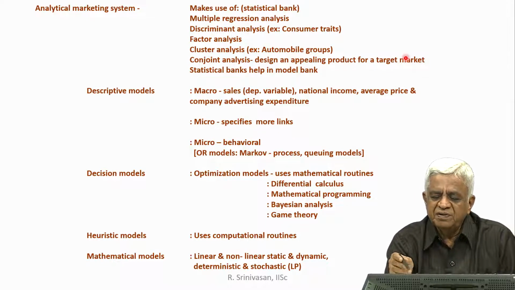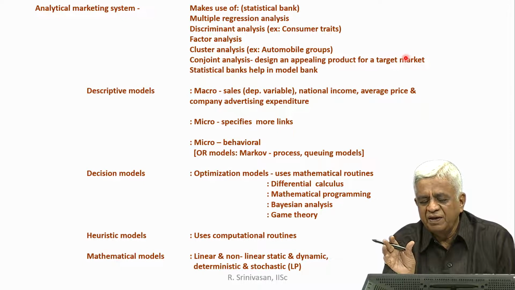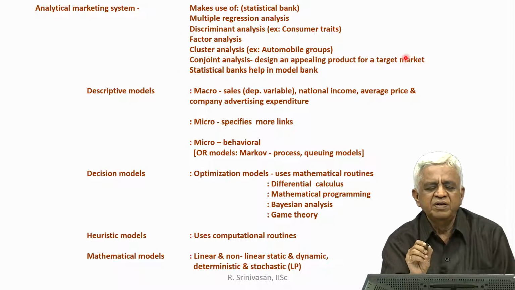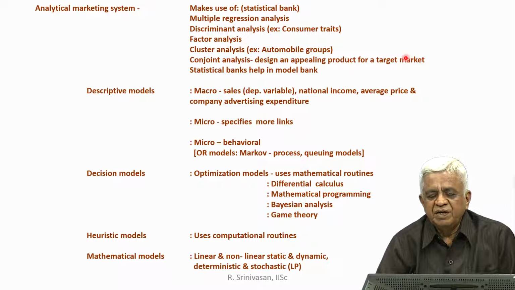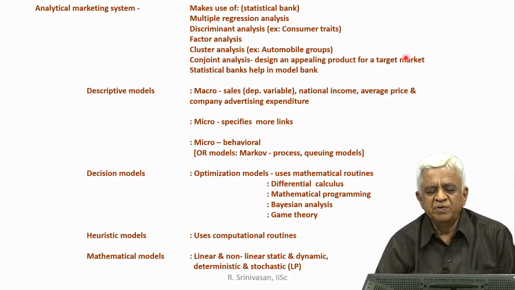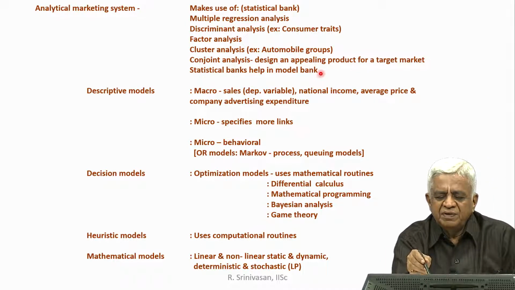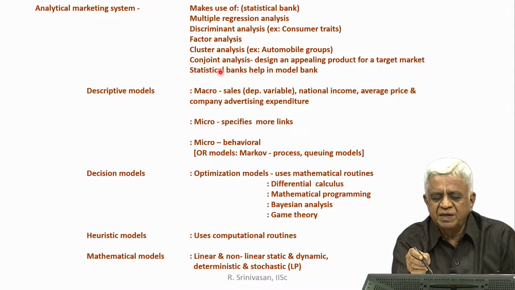Some of the cars like this Porsche from Germany, which are being designed, always have a target market, appealing to that target market, making use of these different types of marketing system models. So, basically these are statistical banks which we make use of to analyze a market.